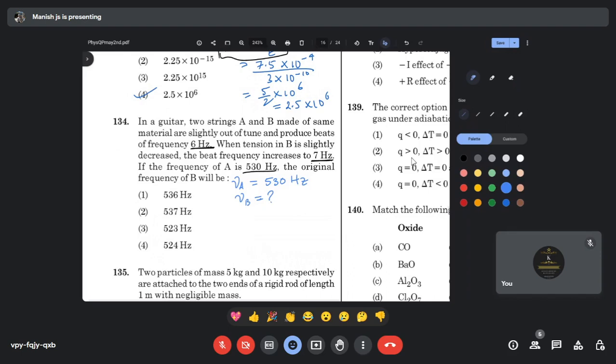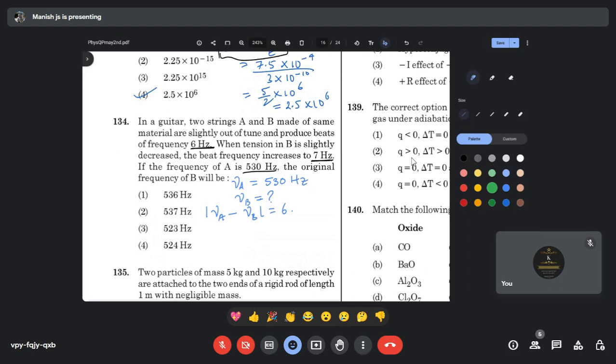That means you take the difference of both the frequencies, nu A minus nu B. The modulus operator is very important, so you keep them under mod. So modulus of nu A minus nu B is equal to 6.